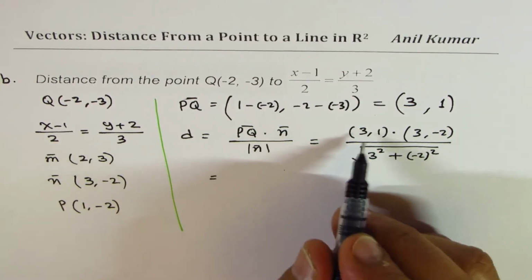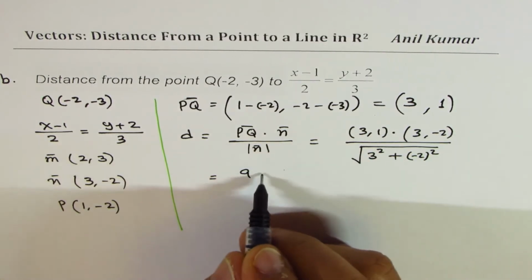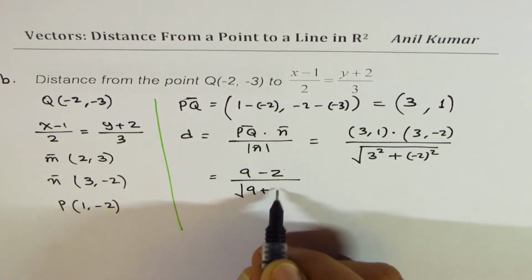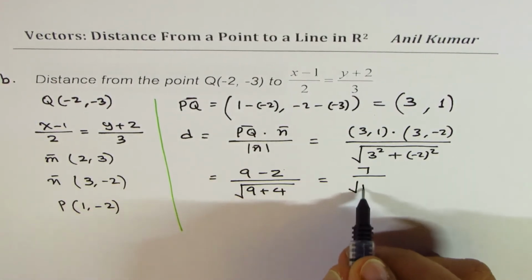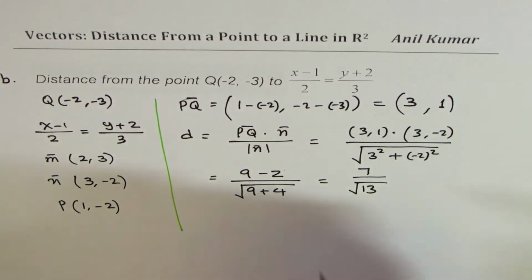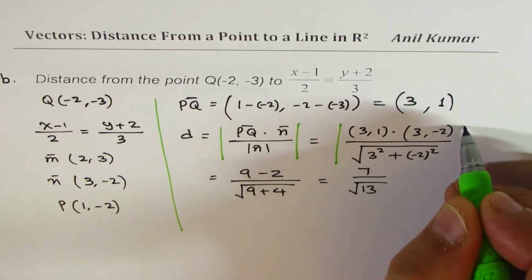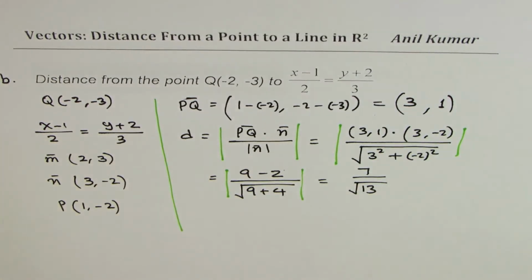So that is 3 times 3 is 9, 1 times -2 is -2, over the square root of 9 plus 4, which is 7 over square root of 13, correct? So don't forget to write absolute values, right? That's kind of important. Always write the answer with a positive value.